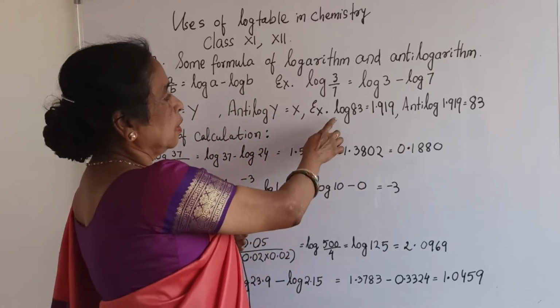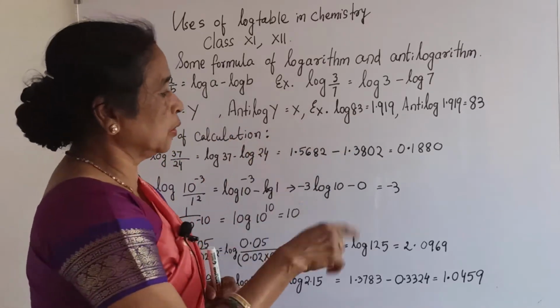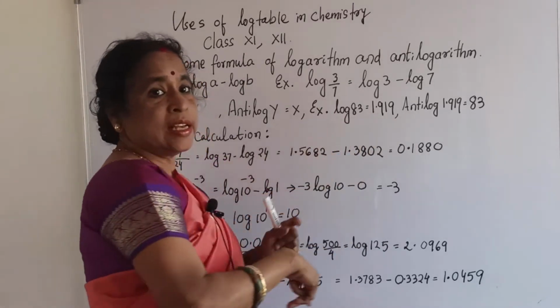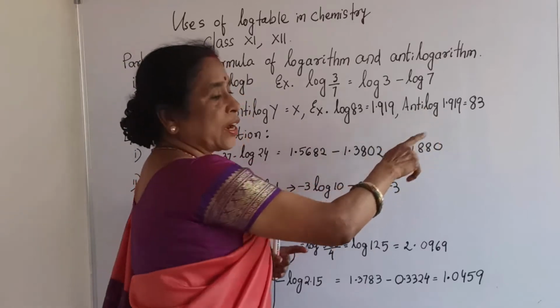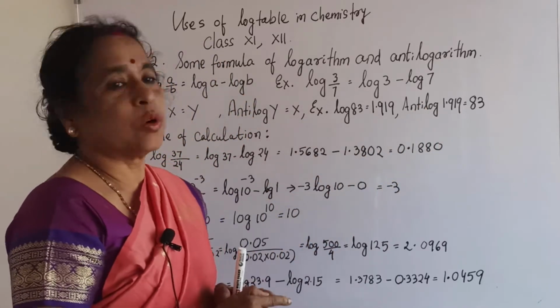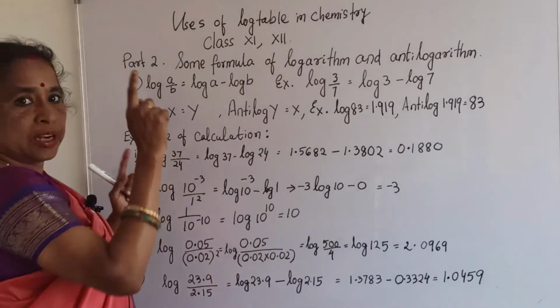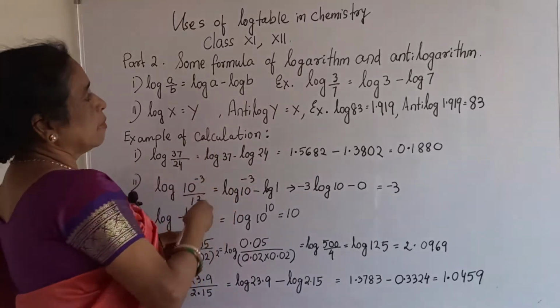Let us take an example, log 83, whose value I have already calculated in a previous video: 1.919. That means anti-log of 1.919 equal to 83.